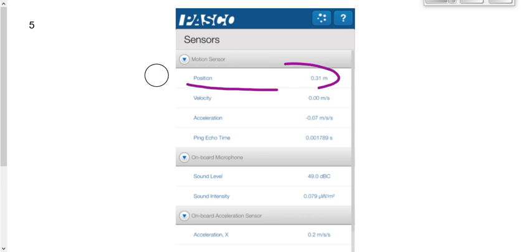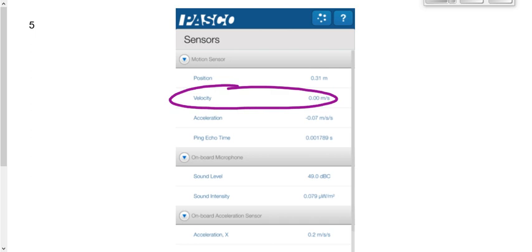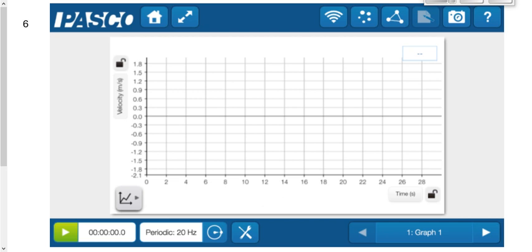For this one, we're not. For this one, we're clicking on the velocity button. Click on the velocity button, and that's going to go directly to a velocity versus time graph. Now, for each trial in this velocity versus time graph, you should get a graph that looks pretty much, well, essentially like this.